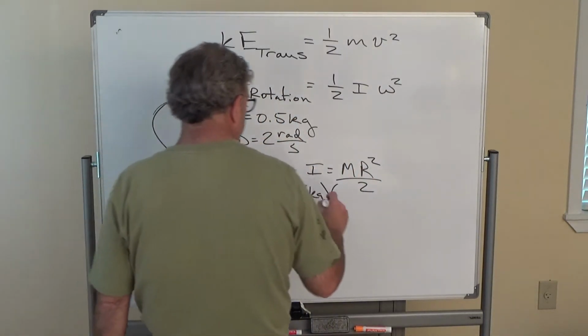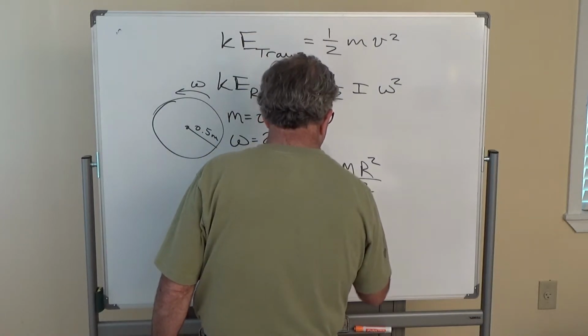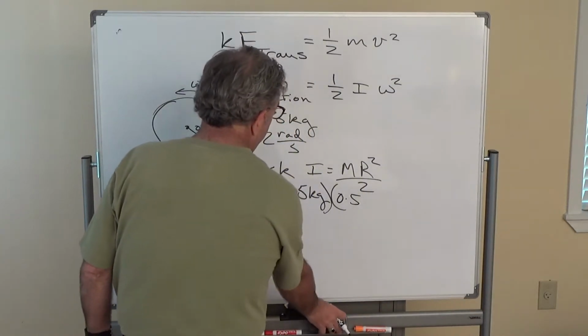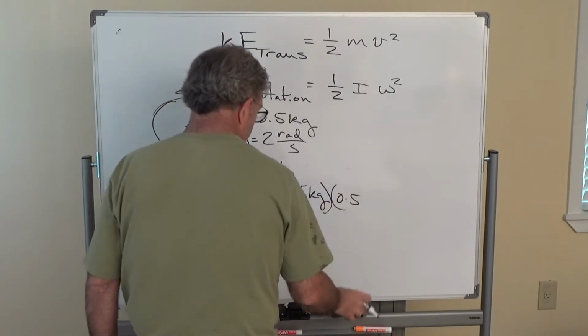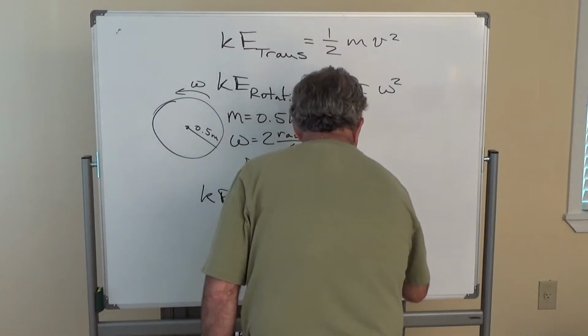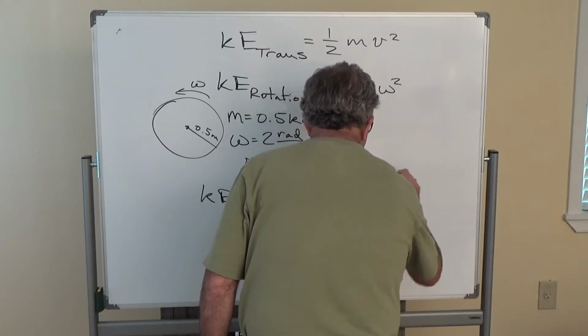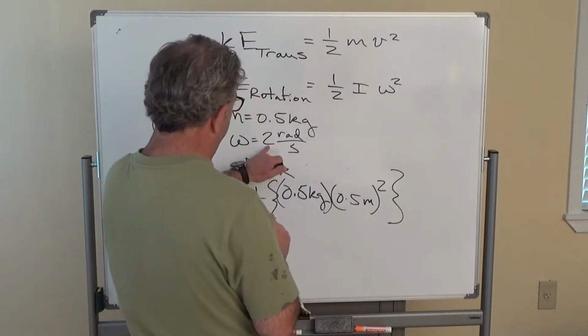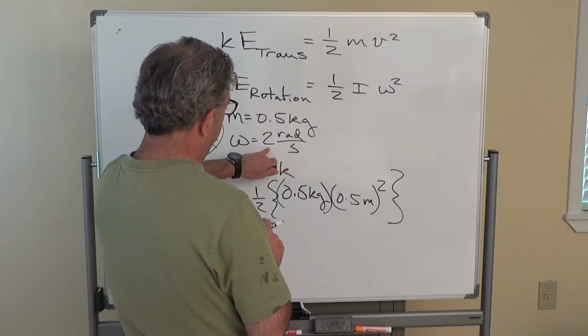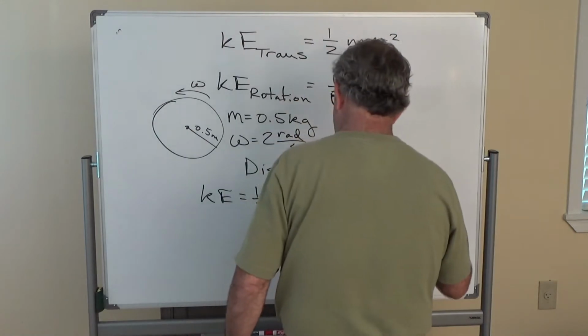R is 0.5 meters, 0.5 meters squared. This is getting ugly. And then what else do we have? Omega squared. Omega is 2 radians per second.